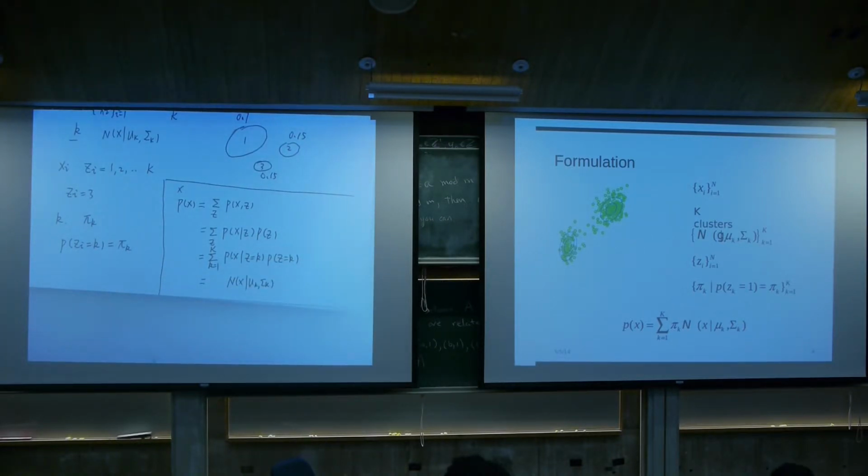We use the Gaussian distribution associated with cluster k to model this data point x. And p(z = k) is the prior probability of choosing this cluster k, and this is k from 1 to capital K.